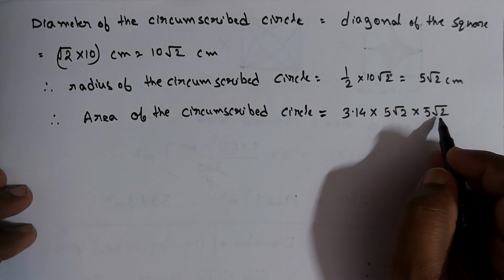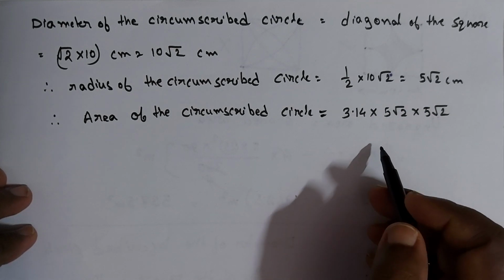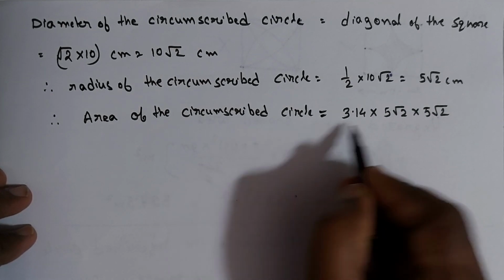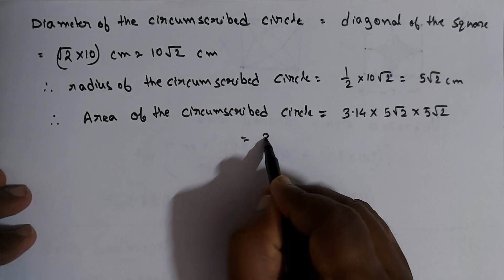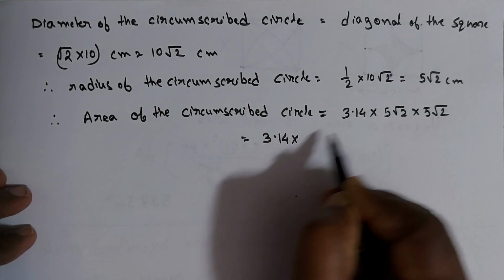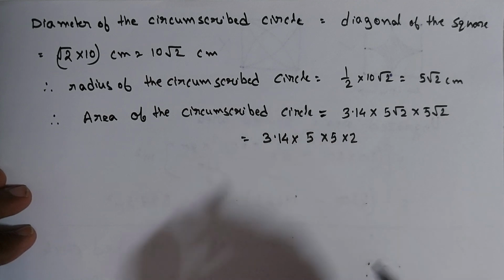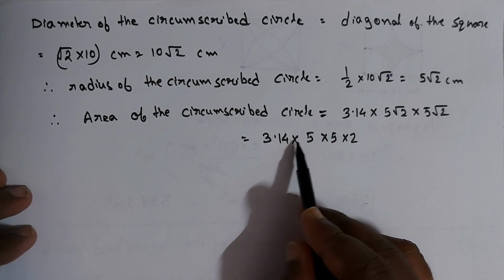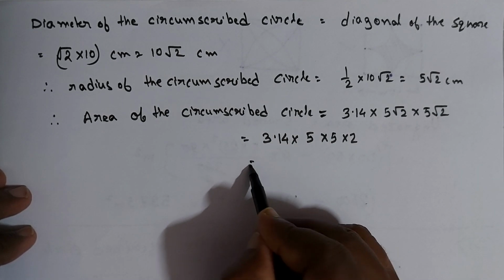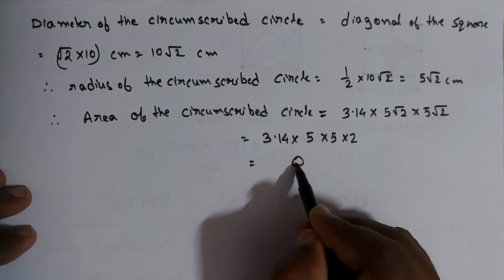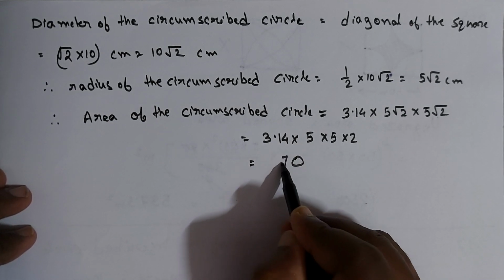Now root 2 into root 2 is 2. So 3.14 into 5 into 5 into 2. Now 5 into 2 is 10. 10 into this is equal to 5 fours are 20.